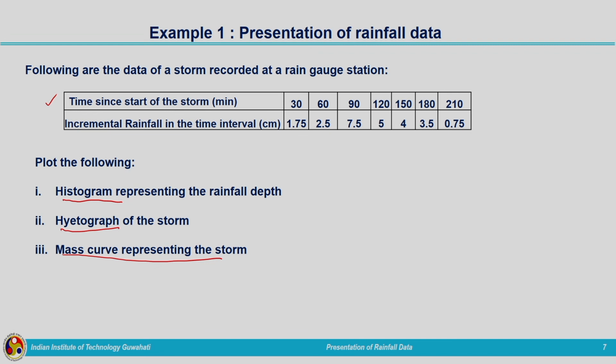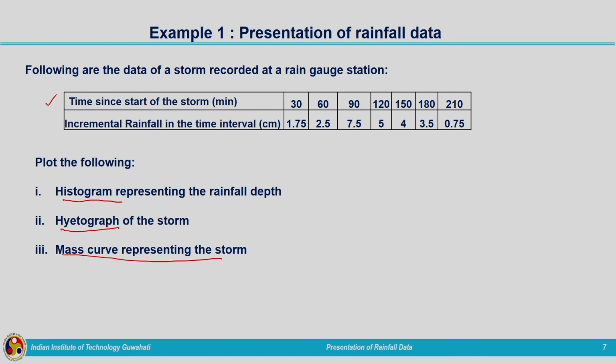The rainfall details at a particular rain gauge are given to us. We have to plot 3 graphs: histogram, hydrograph and also mass curve. Rainfall data is given to us. Time is given in minutes, and you should be careful what kind of data is given. It is the incremental rainfall data.